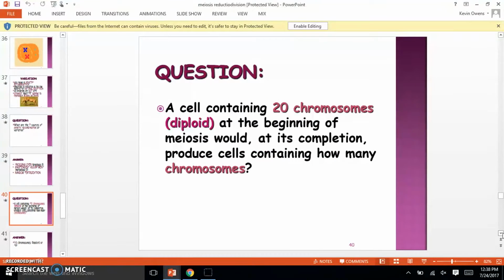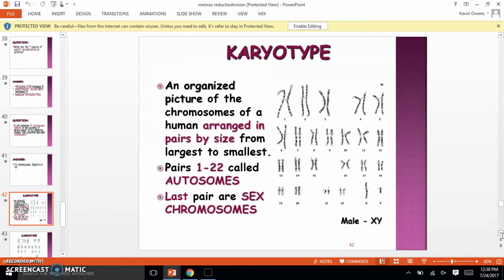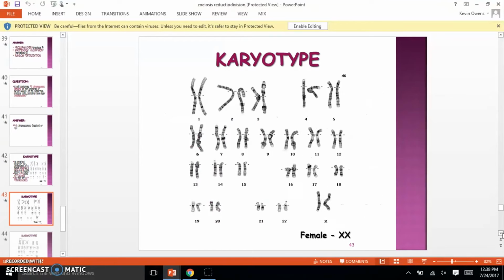A cell containing 20 chromosomes at the beginning of meiosis, at its completion, produces cells containing how many chromosomes? That would be 10. It contains half the number. This is a karyotype. It just shows the arrangement of your chromosomes, and they can do a karyotype on you to see if there's something wrong with any of your chromosomes. There's a disease called trisomy 21 where 3 chromosomes show up on the 21st set of chromosomes, or they'll show missing segments of chromosomes.